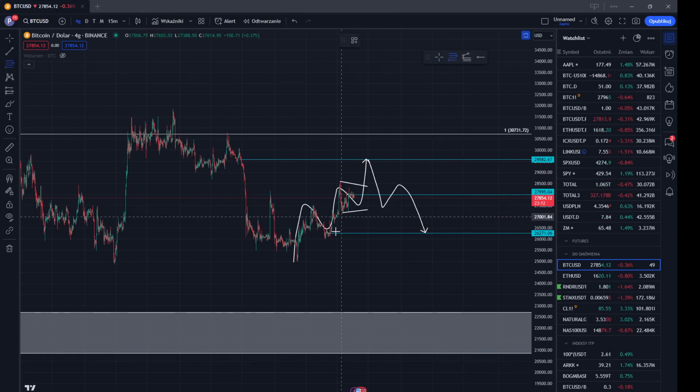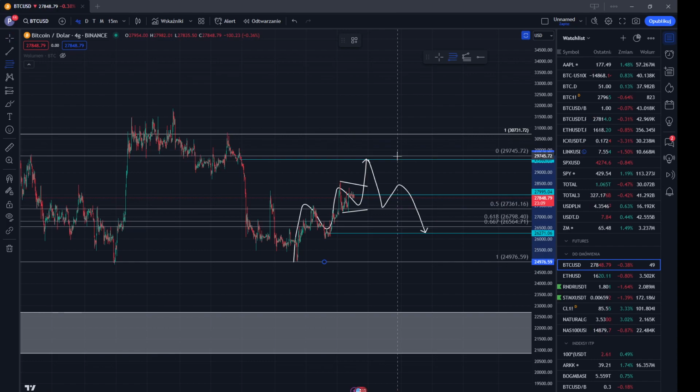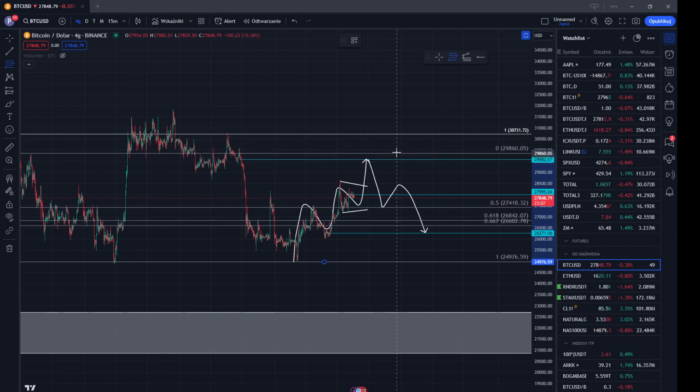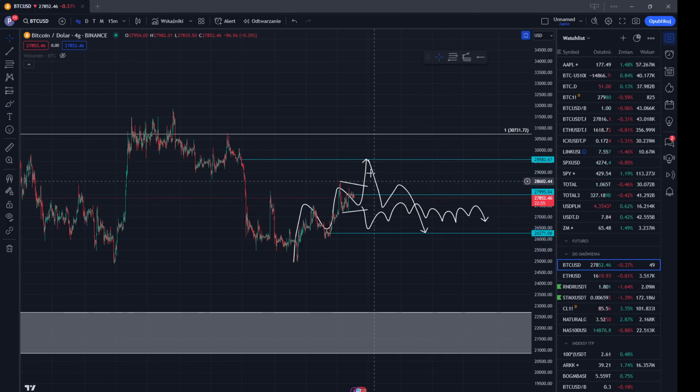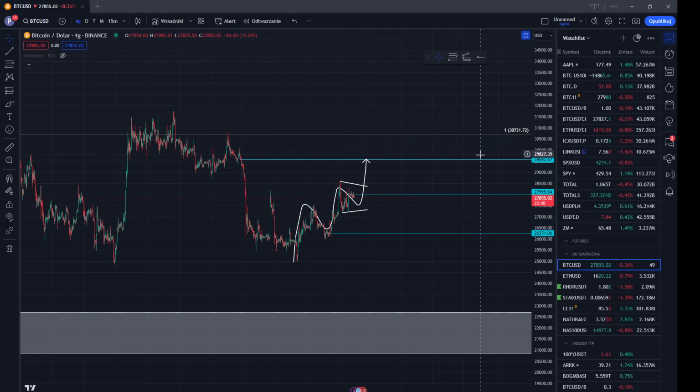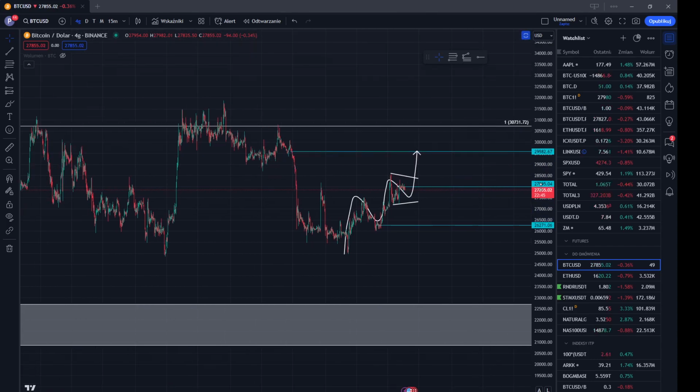Let's say we go to about here, and then I'll be watching closely this area. If the move down is just 3 waves, on dropping volume, slow moves down, then I'll be looking for long entries. This is my only bullish scenario for BTC.